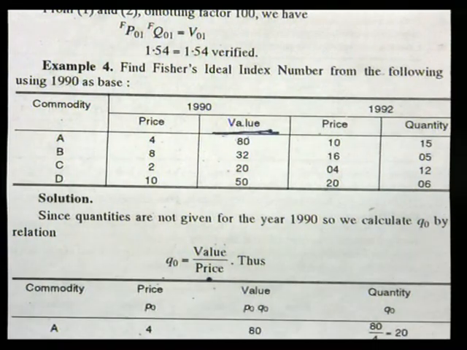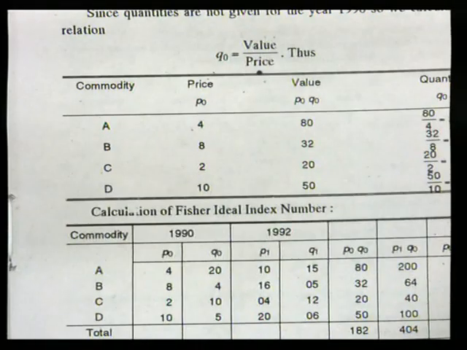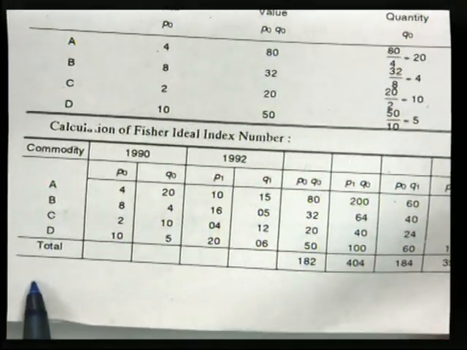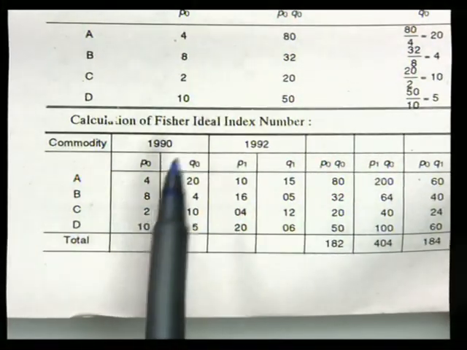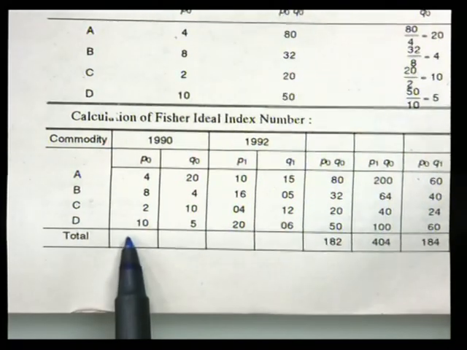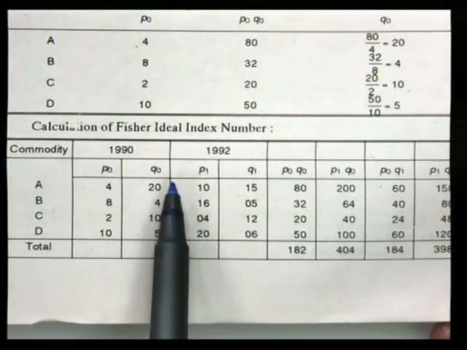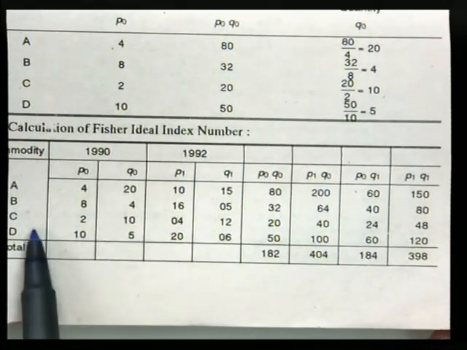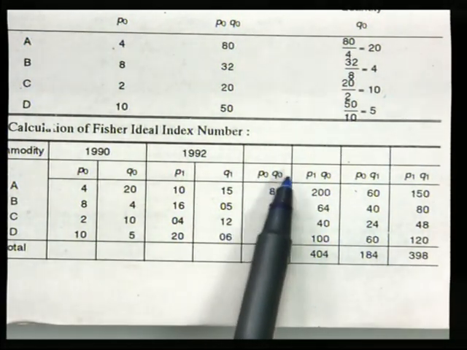Now you can calculate Fisher's ideal index number in this way. Commodities A, B, C, D, then 1990, P0, 4, 8, 2, 10, Q0, then P1, then Q1. The necessary columns for the Fisher index number are P0, Q0.